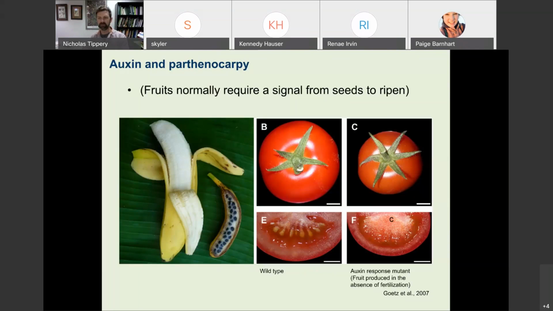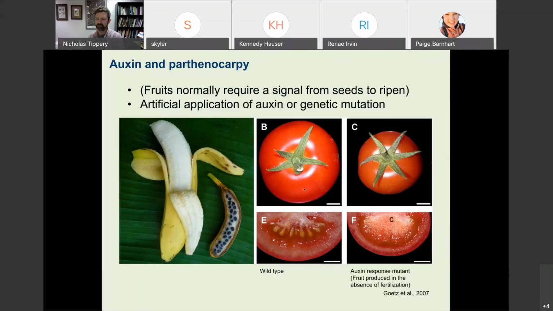And we know this because you can take a plant and artificially cause ripening to happen, even if you're not getting the signal. So you can apply auxin to stand in for that seed signal. Or there are mutants that we know about.